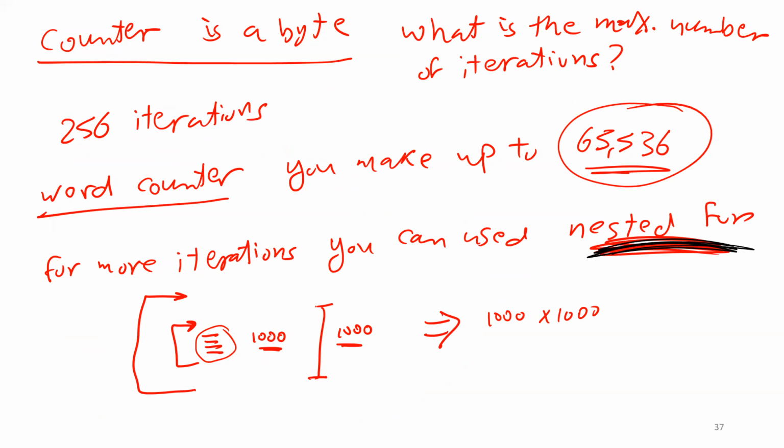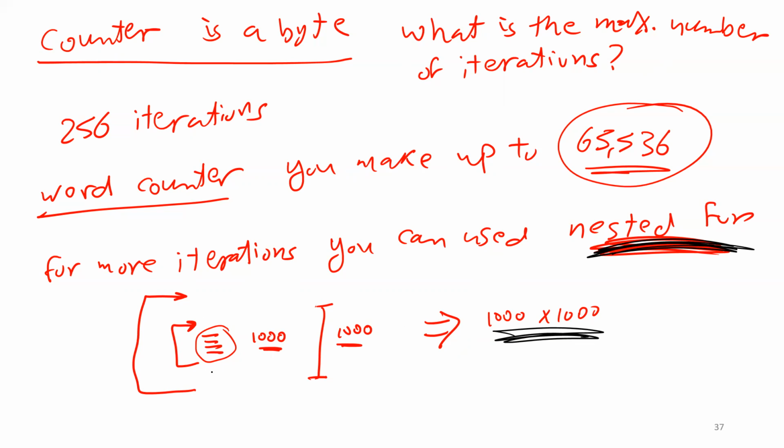I mean a for inside a for. For example, if I want to do 1 million, I can make one loop here for 1,000 using a word counter, then an inner and outer loop for another 1,000. If you do that, this code is going to be repeated 1 million times. Is that okay? Actually, there are several ideas.